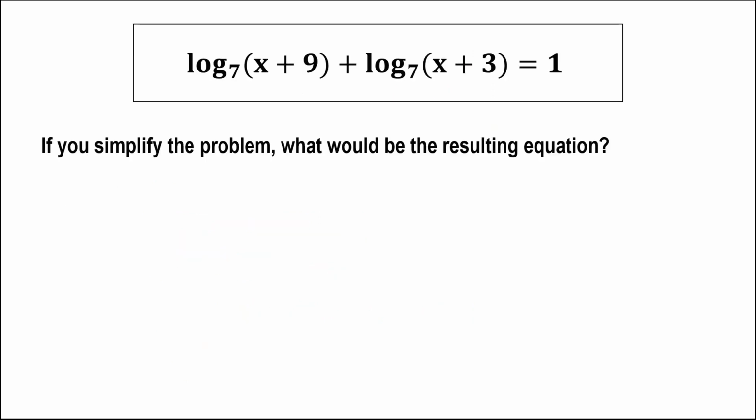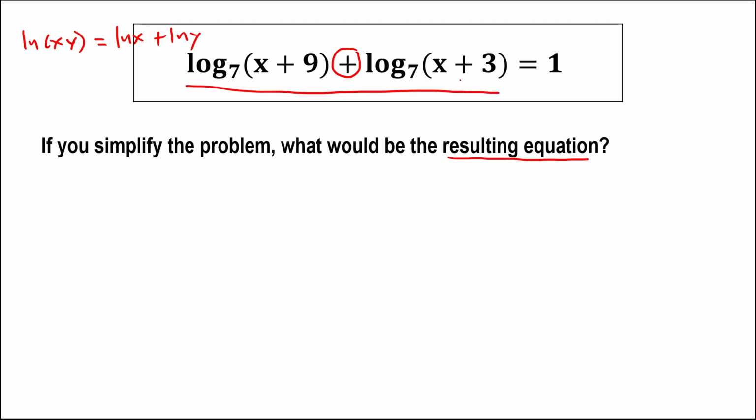Then for this problem, if you simplify the problem, what would be the resulting equation? First, using the product property, ln of x times y is equal to ln x plus ln y.